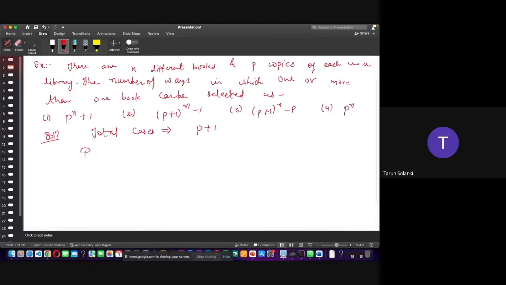So the required number of ways is (p plus 1)(p plus 1) and so on up to n terms, minus 1, that is (p plus 1) to the power n minus 1, right? So option 2 is the correct answer.